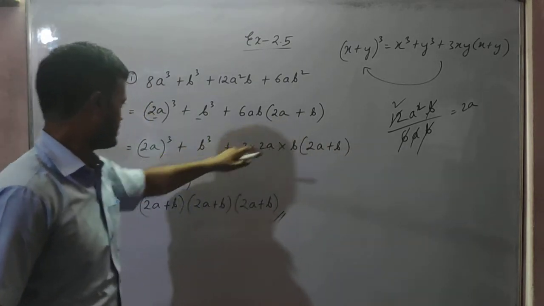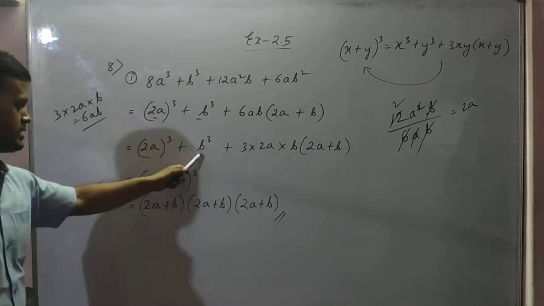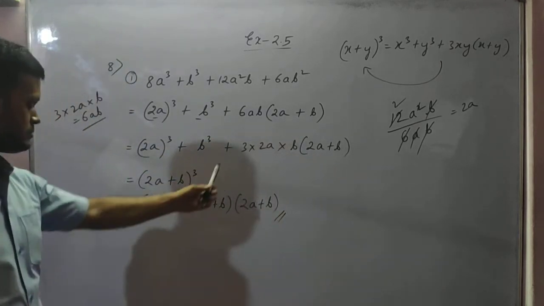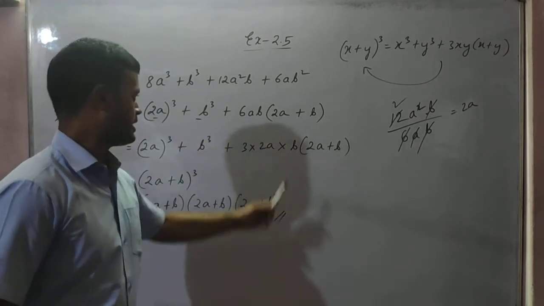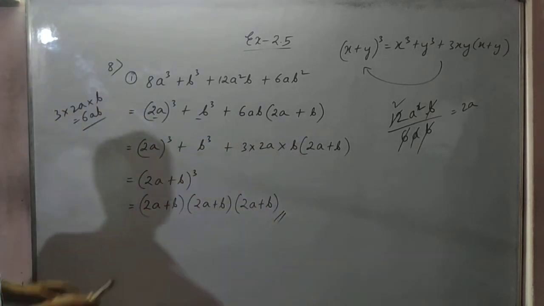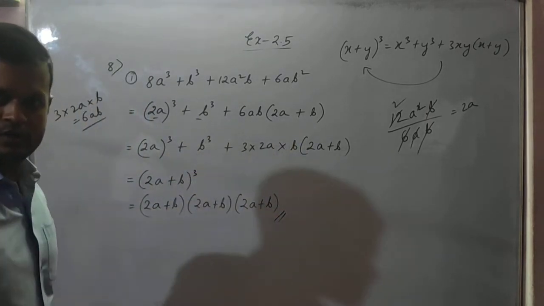Understood? Next step, you see: I wrote 2a whole cube, then I wrote b cube, then plus 3 into 2a into b, into 2a plus b. So now it became x cube plus y cube plus 3xy into x plus y. Became or not? Understood?